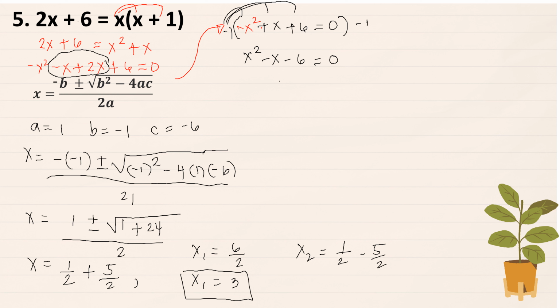And this will be 1 minus 5 is negative 4 over 2. So our second value of x is negative 2. So therefore, the values of x in the given 2x plus 6 is equal to x times x plus 1 are 3 and negative 2.